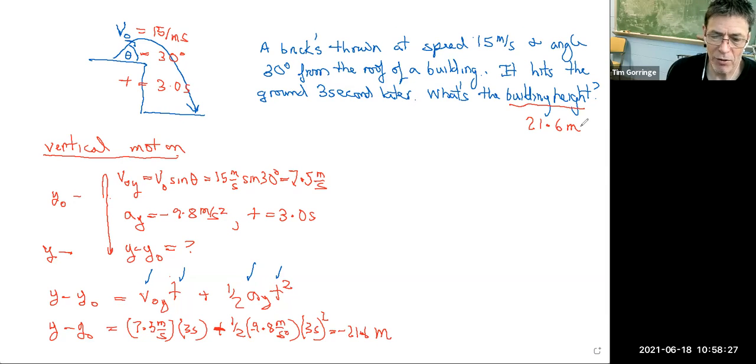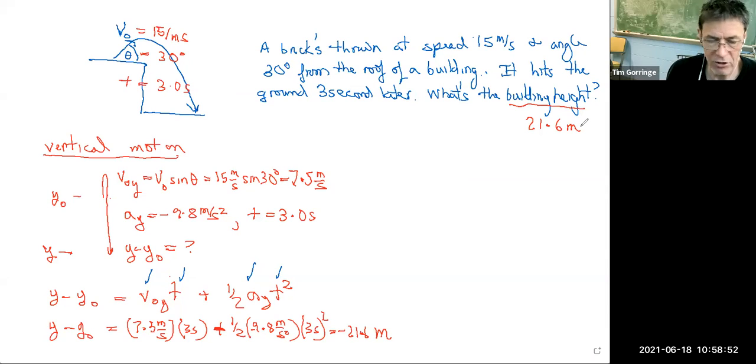Now, it's probably obvious that the higher the building, the longer it takes, or the longer it takes, the higher the building must be. But it's the equations of motion, those quantitative descriptions of motion, that give us the precise relationship between the height of the building and the elapsed time to hit the ground.